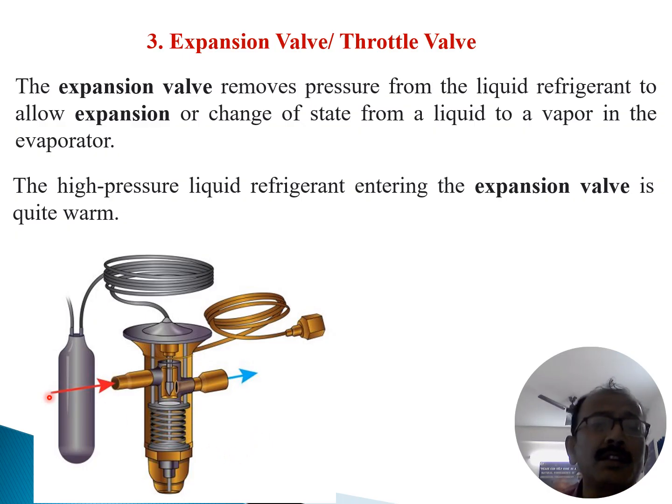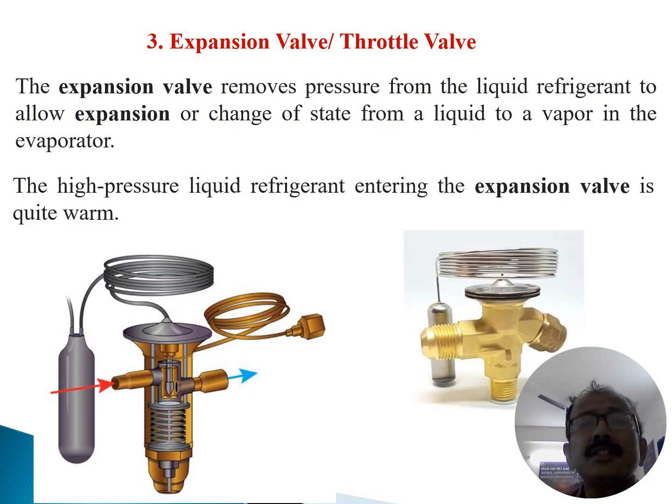The red is the entry, and the blue is the exit. There is a sudden drop of pressure, because the refrigerant is passing through a narrow passage. This is the expansion valve and throttle valve diagram.